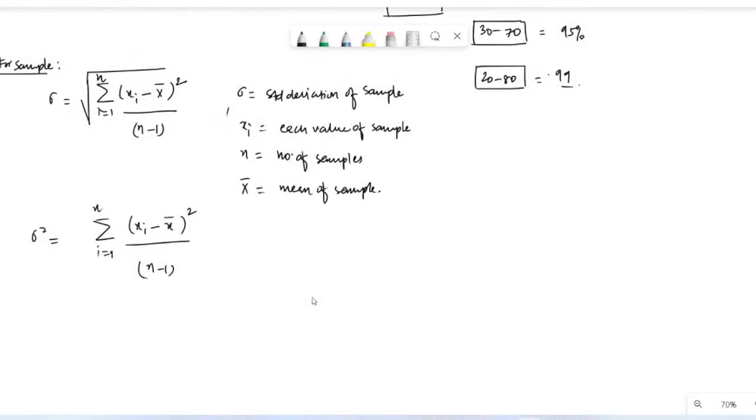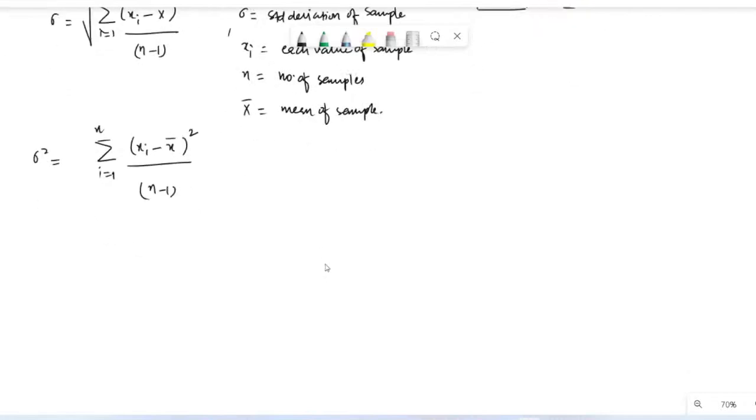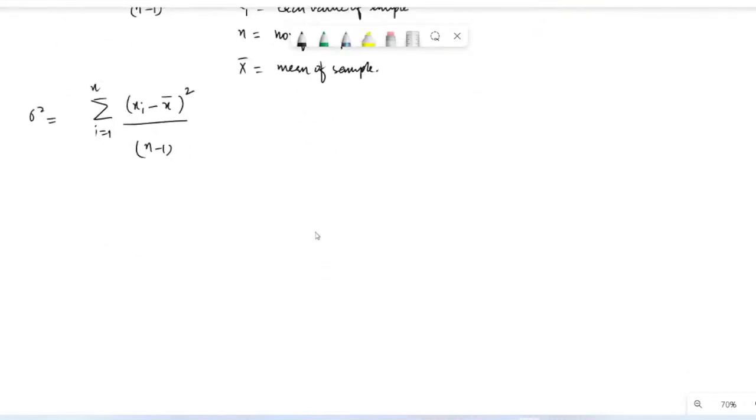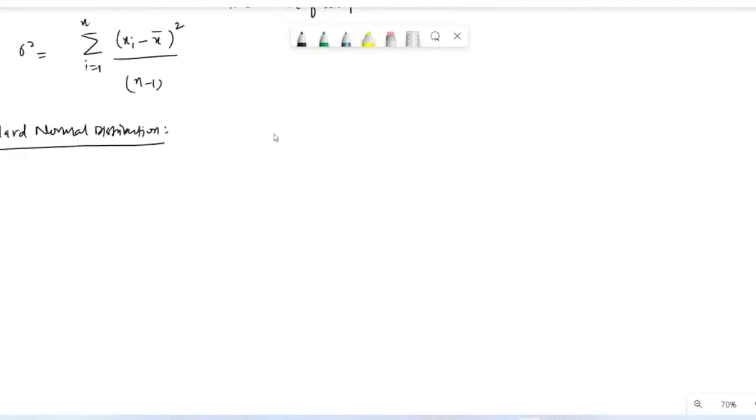Next part is our outliers. Now the outlier part I have explained earlier as well in terms of box plot. But before we reach that part, we need to discuss one more term called standard normal distribution. Now this is quite an important distribution, which is the standard form of the normal distribution.